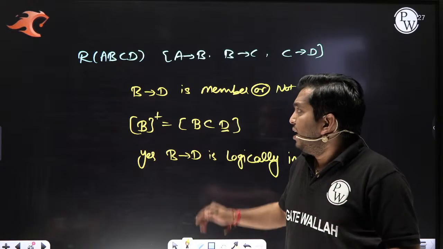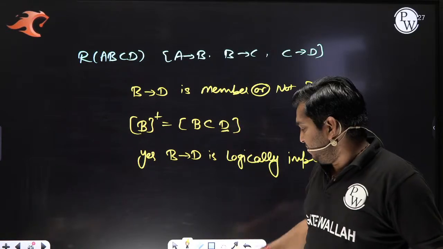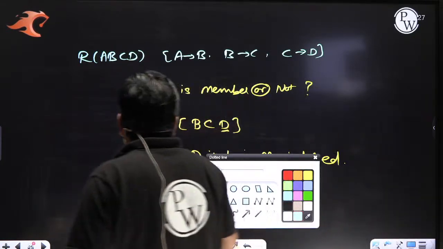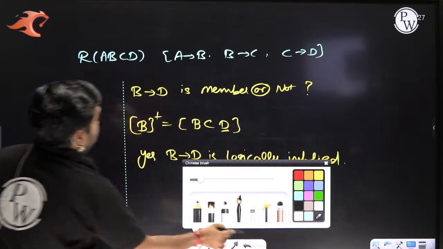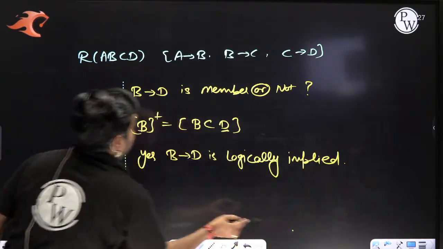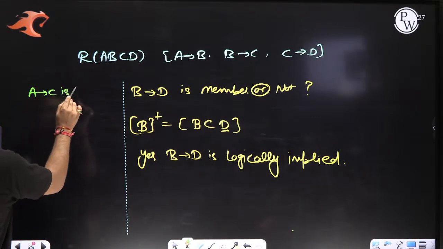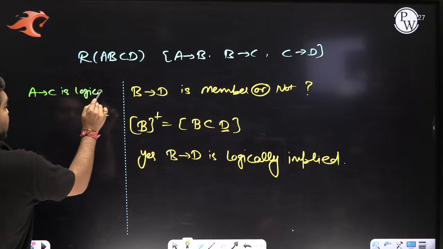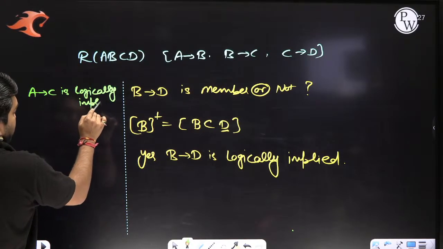The RHS attributes must be present in the closure. That is the meaning. Like here, please let me know whether A tends to C is logically implied or not.